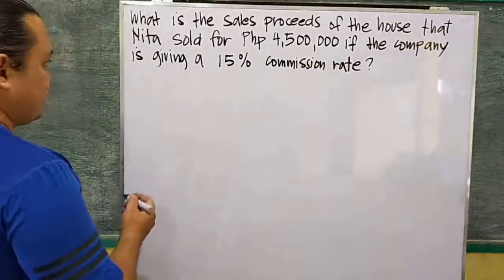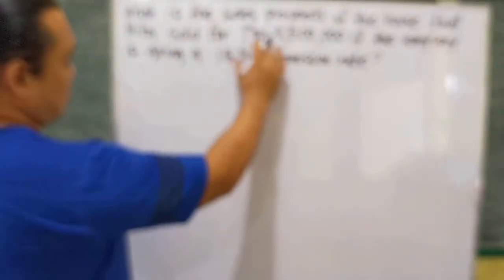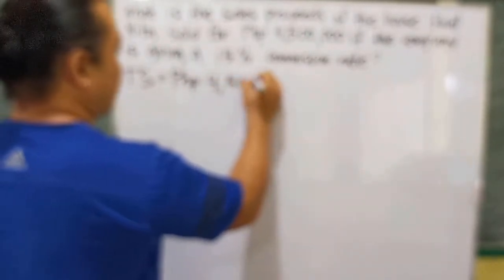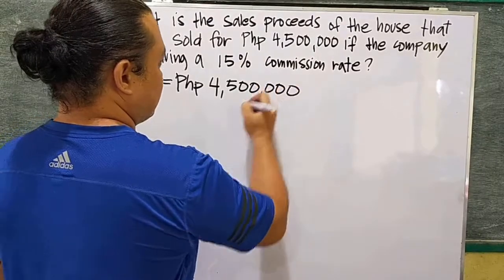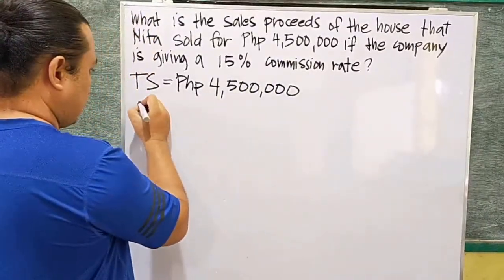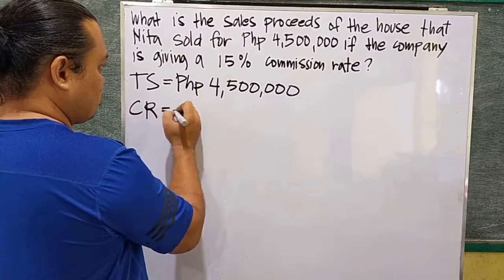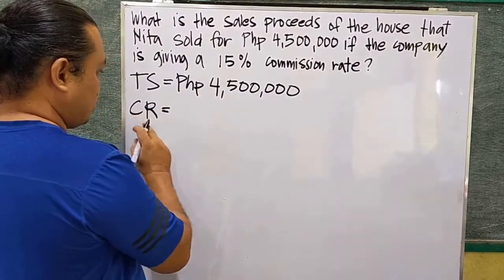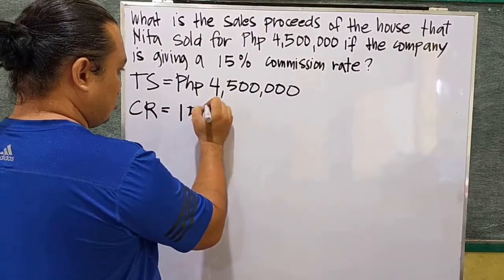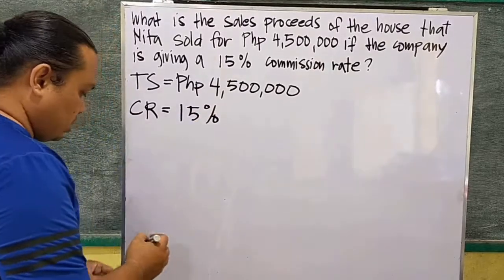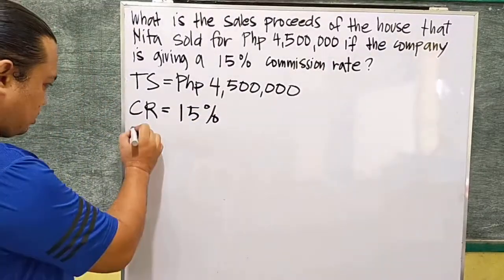The given is the total sales, that's TS, equal to 4,500,000. And we also have the commission rate, CR, and that is 15%. We are looking for the sales proceeds.